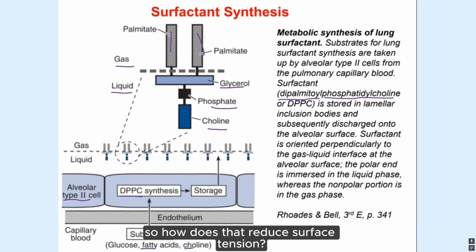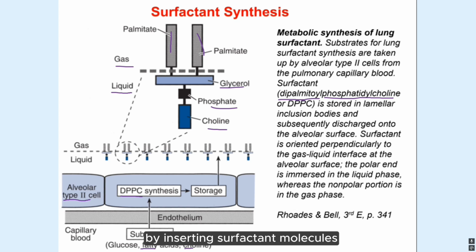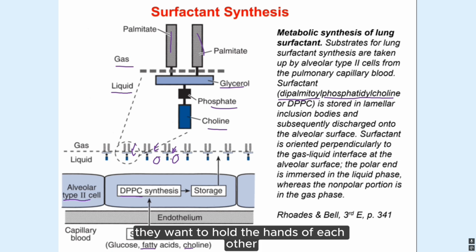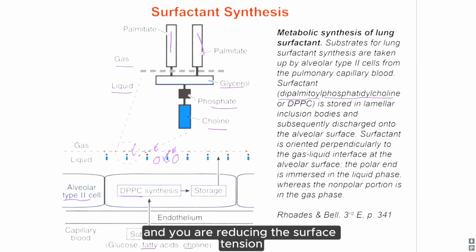So how does that reduce surface tension? By inserting surfactant molecules between the water molecules, you are reducing the attraction of the adjacent water molecules. It's like these two are friends, they want to hold hands, but you're blocking them by adding something in between, so you are weakening the interaction between them and you are reducing the surface tension.